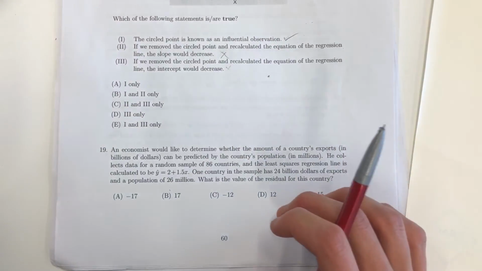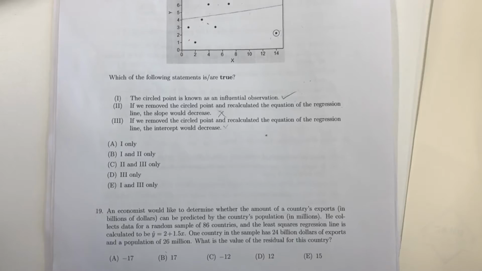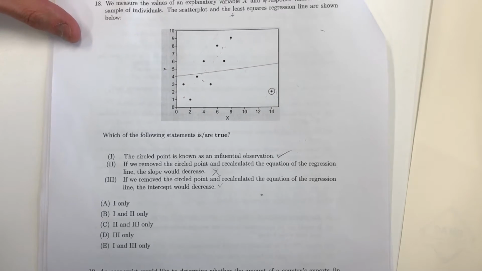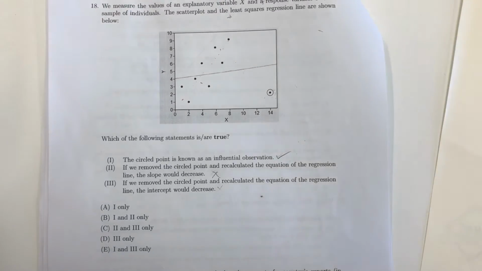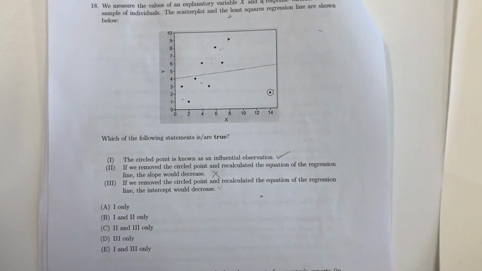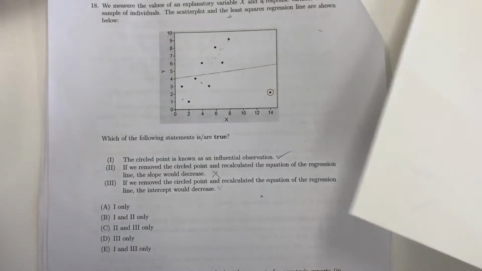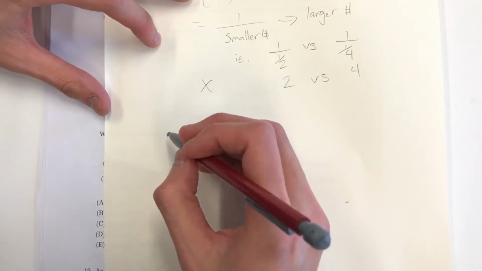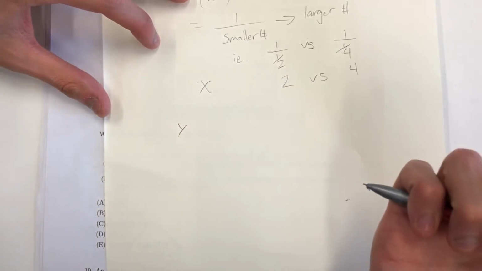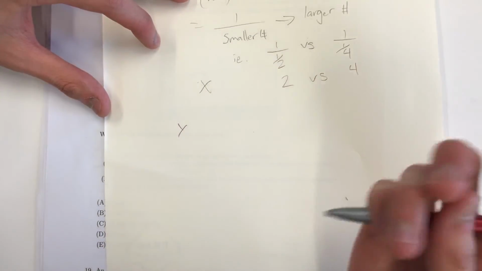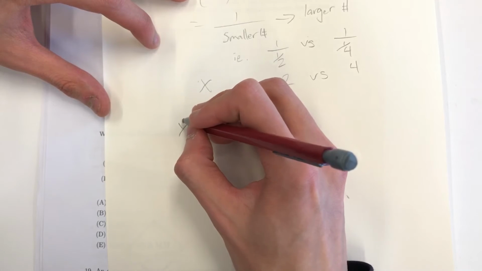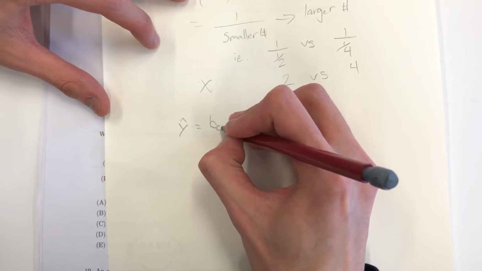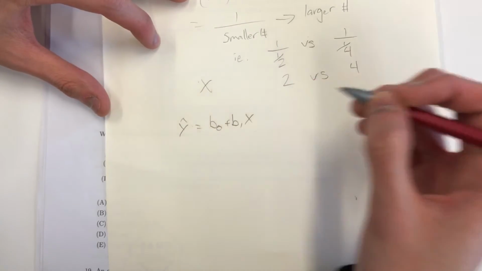Now let's look at number 3. If we remove the circled point and we calculate the equation of the regression line, the intercept would decrease. This is also true. So recall that our equation y hat is equal to b0 plus b1x.